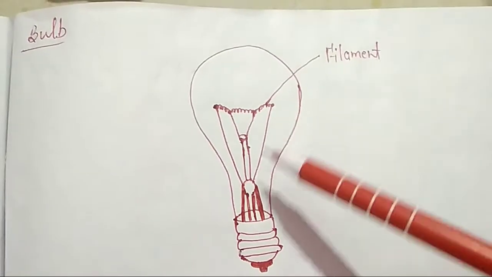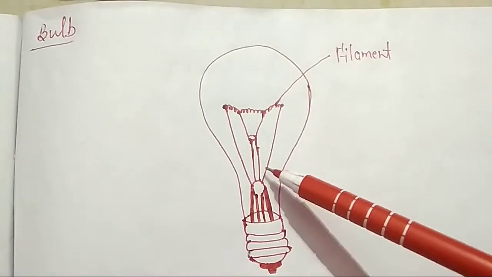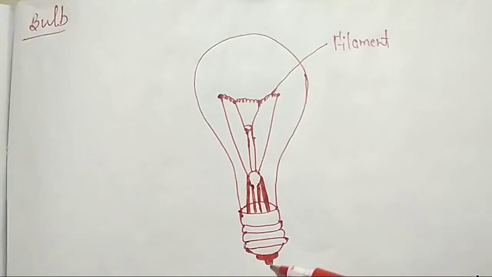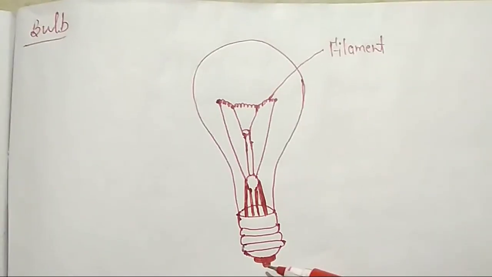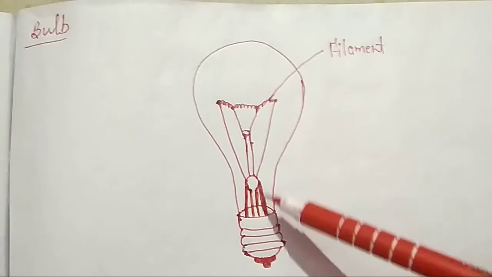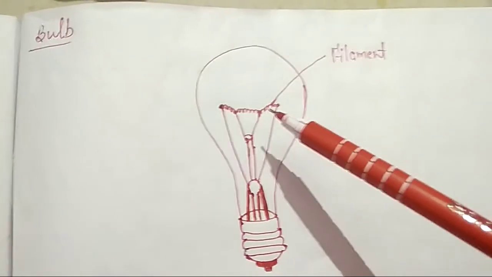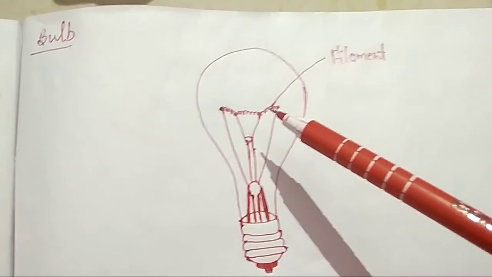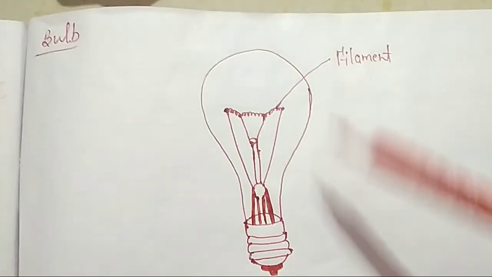This filament is connected with the tip with the help of these two wires. When it is placed into the holder and switched on, current flows from here and reaches the filament, and the filament becomes white hot and glows, and the bulb gives you light.